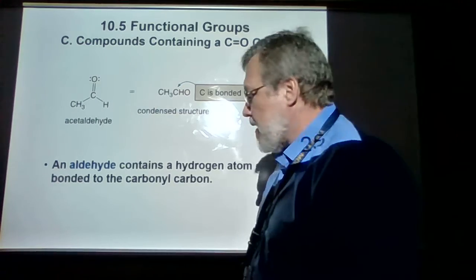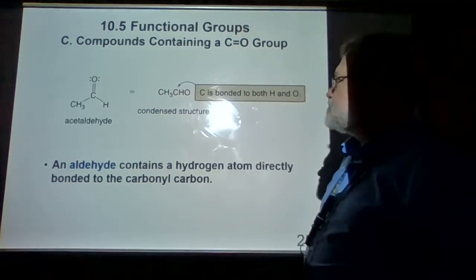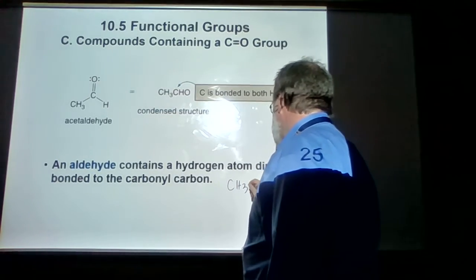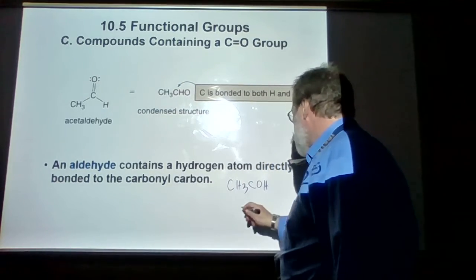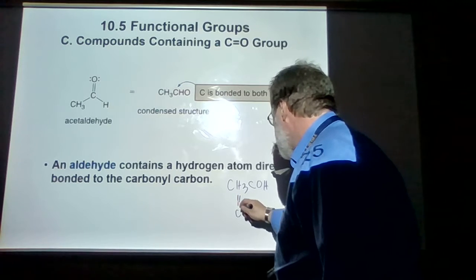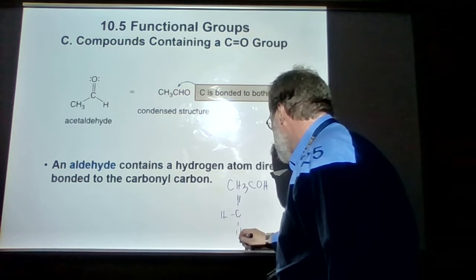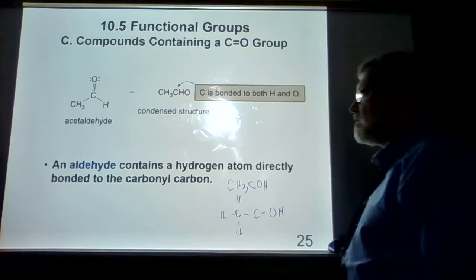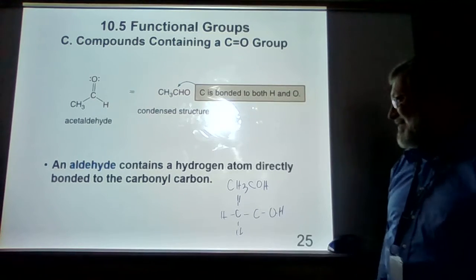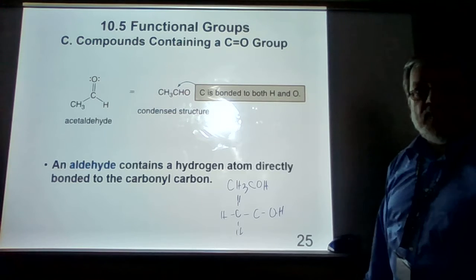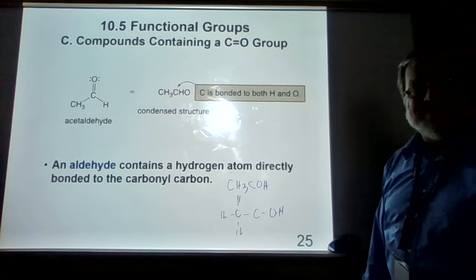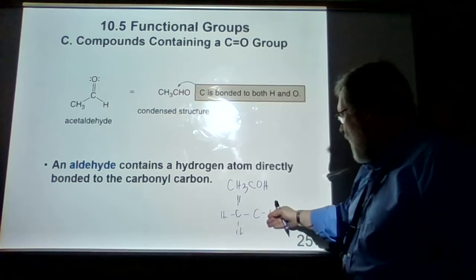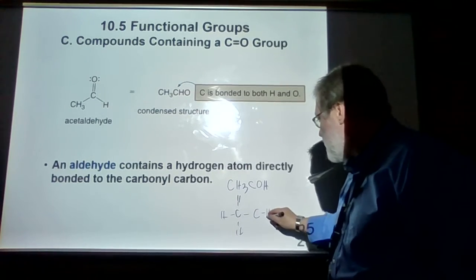That would imply, if we wrote CH3COH, it would imply this. That carbon does not have all the bonds, all the valence electrons that it needs. So we write the hydrogen right next to it, implying that the hydrogen is bonded to it.